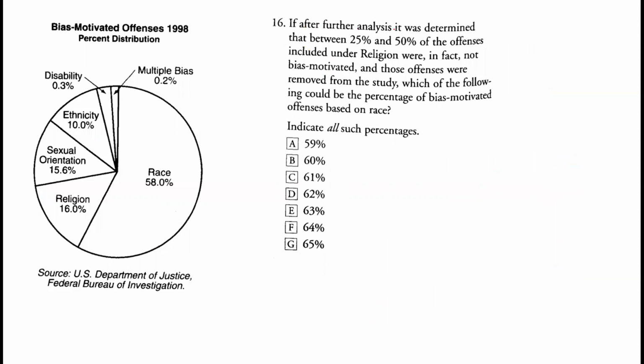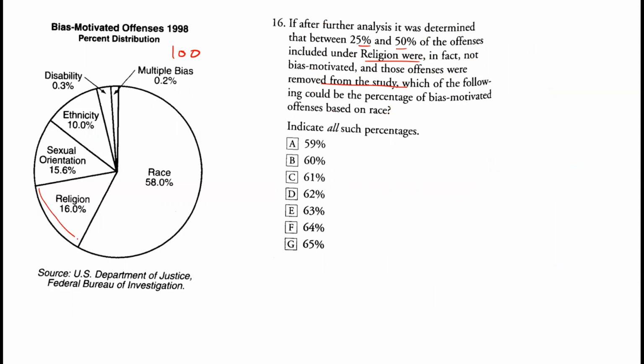Now, if after further analysis, it was determined that between 25 and 50% of the offenses included under religion were in fact not bias motivated, and those offenses were removed from the study, which of the following could be the percentage of bias motivated offenses based on race? So let's suppose there were 100 offenses.